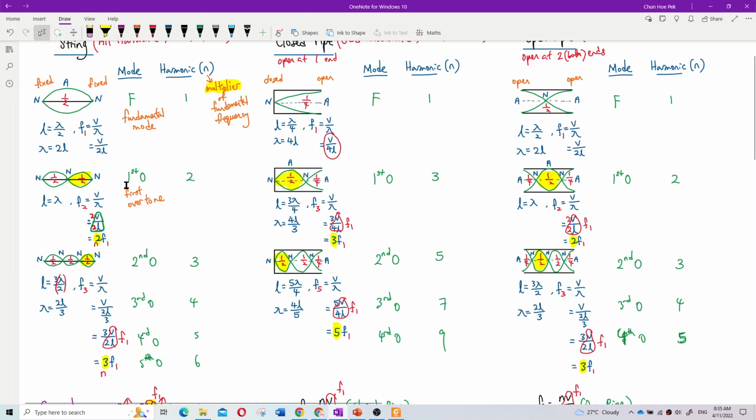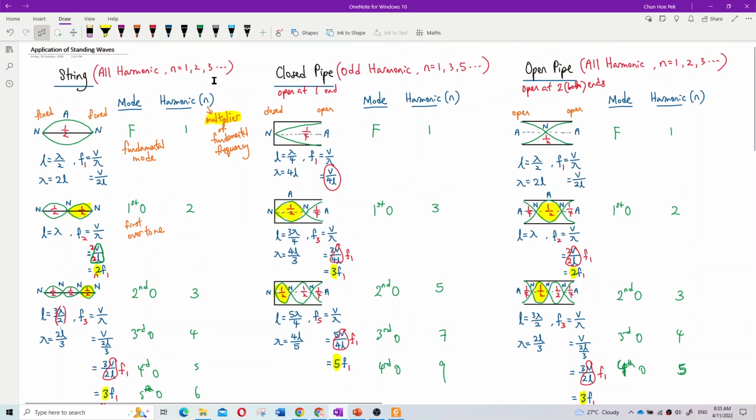So if the first overtone is two times higher than fundamental frequency, and the second overtone is 3 times higher than the fundamental frequency. Understand? So it's multiplier of fundamental frequency. So harmonic number is represented by the symbol n. N is harmonic number. N is how many times the fundamental frequency.